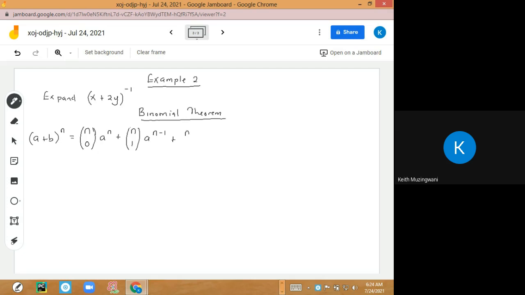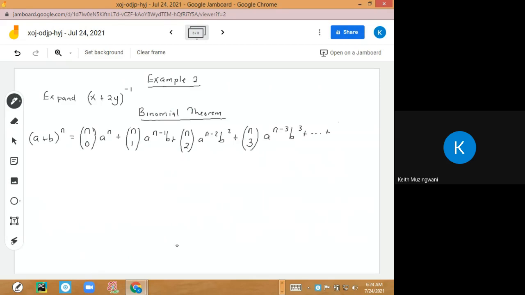a^n, plus n choose 1 a^(n-1) b, so b will appear here, plus n choose 2 a^(n-2) b^2, plus n choose 3 a^(n-3) b^3.